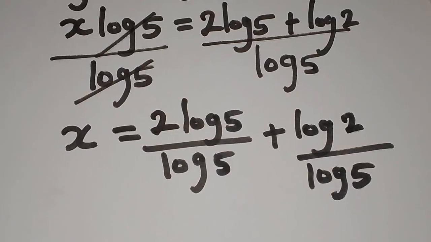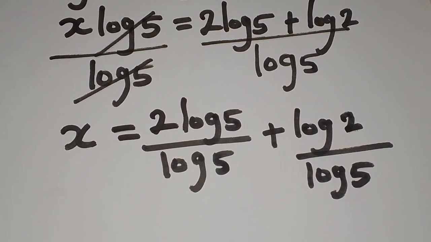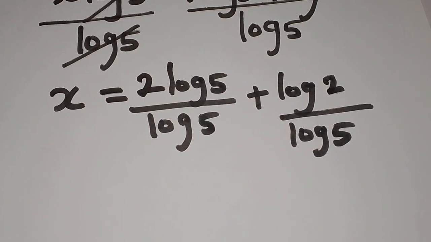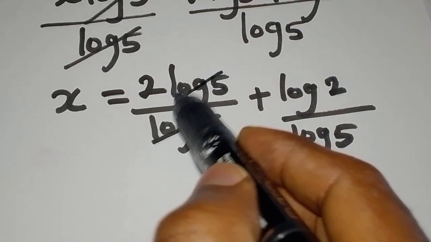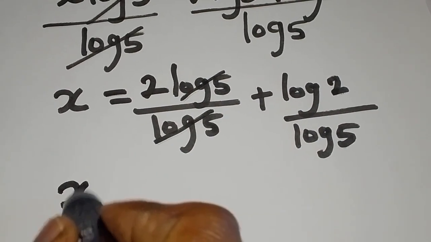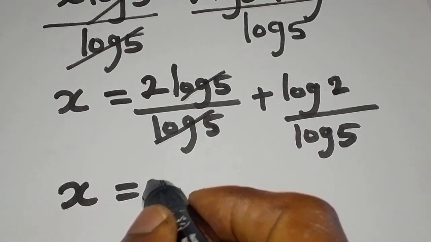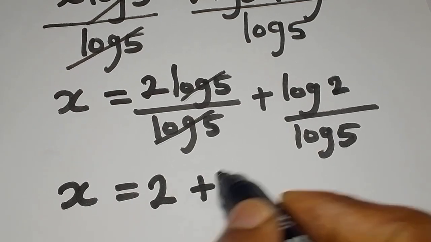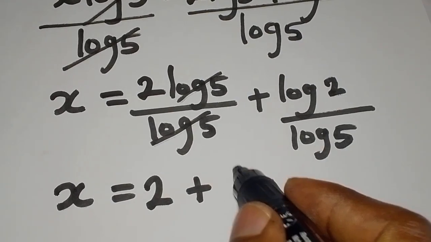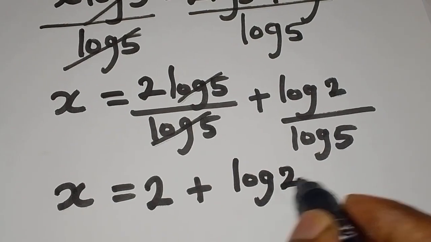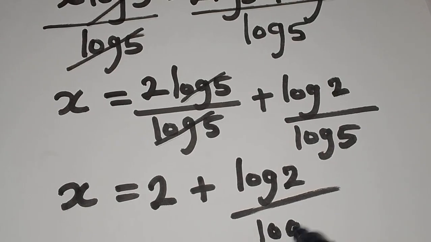Okay, let's continue with that. So what do we have? If we go on, this can cancel this again, and our x will be equal to 2 plus, then the whole of this is log 2 divided by log 5.